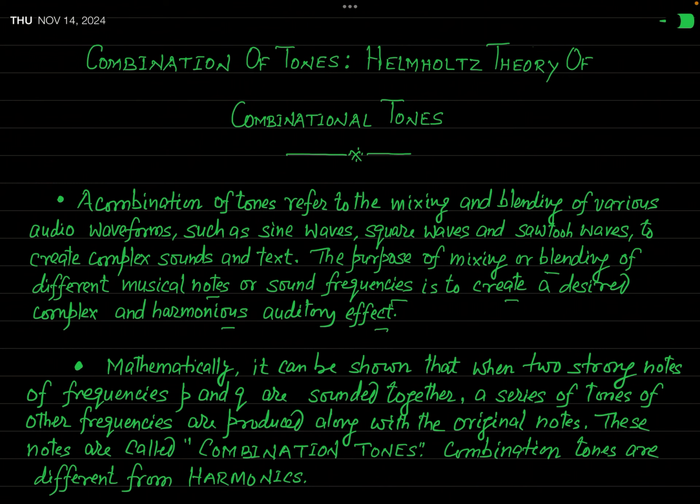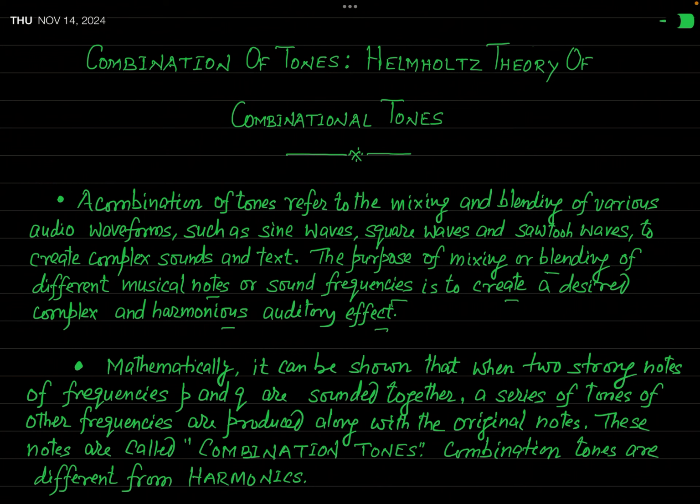Some of the ways by which the tones are combined are called melody, harmony, chords, interval, counterpoint, diatonic scale, pentatonic scale, tritone. These are the basic methods, or you can say the basic techniques, for producing the combinational tones.